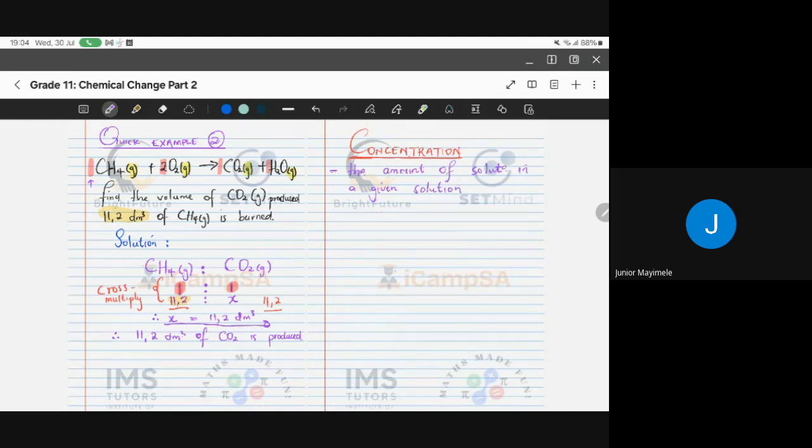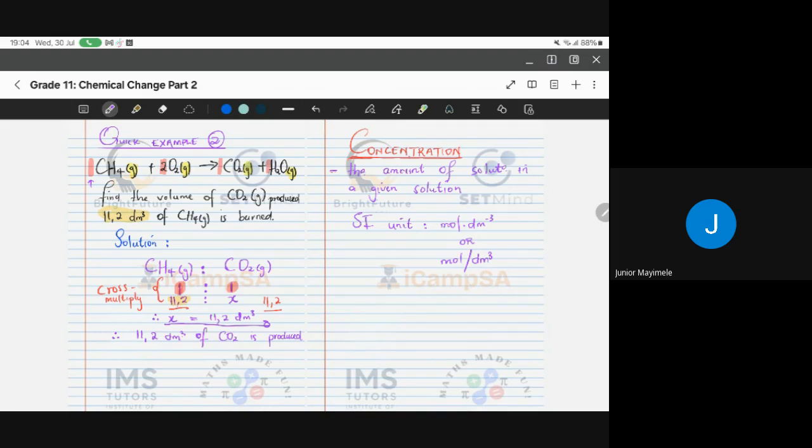Obviously, depending on which textbook you use, this definition might vary, but it still describes in essence what we're saying here. Usually the SI unit of concentration is mole per cubic decimeter. Some textbooks write it like this, so don't be shocked if you find a textbook that writes your concentration like this. It's still the same thing.